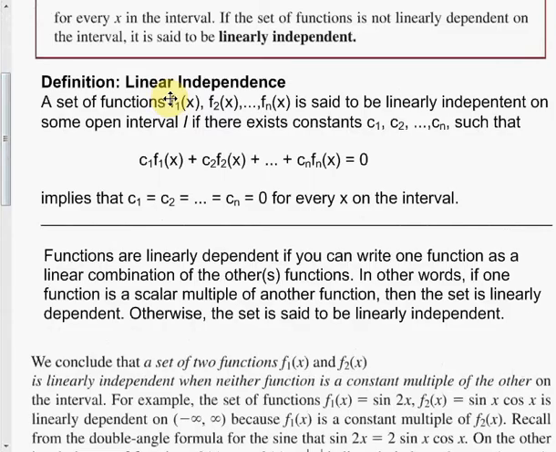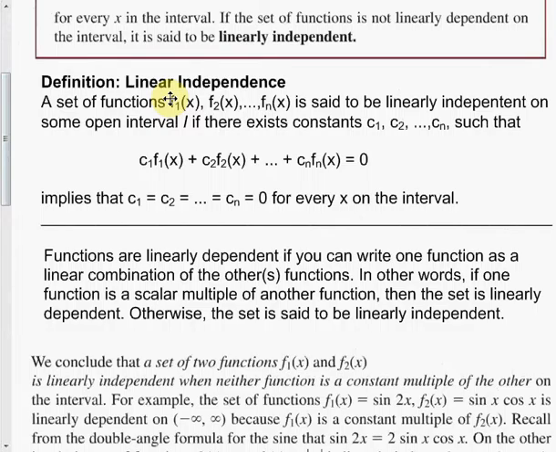Yes, sir. No, individually, but they all will be 0. C1 is 0, C2 is 0. If you have 5 functions, then you're going to have, hopefully, the implication that your constants, C1, C2, C3, C4, C5 would be 0.